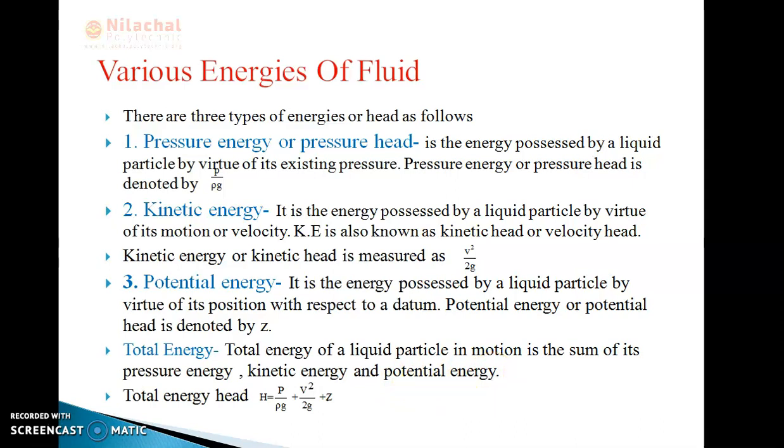Mathematically, we can write total energy or total energy head H is equal to P by rho g, that is the pressure energy, v square by 2g, that is the kinetic energy, and Z, that is the potential energy or the potential head.